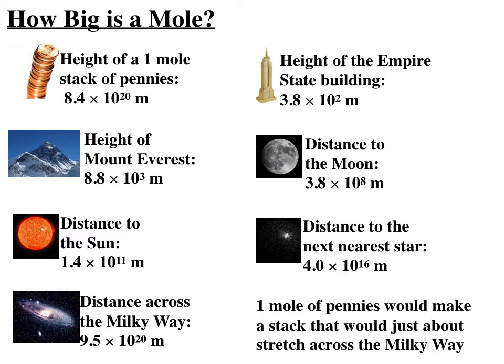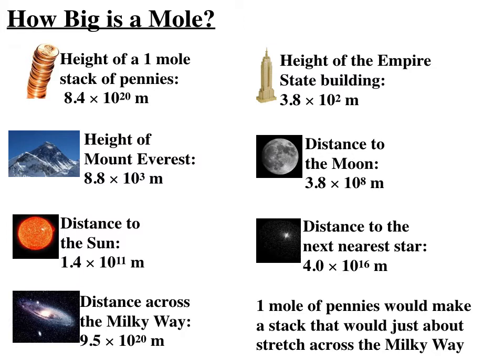The next nearest star is 10 to the 16th meters away. Nope, we're not quite there yet. The distance across the Milky Way, our galaxy that our planet and solar system are in, is 9.5 times 10 to the 20 meters across. So our mole stack of pennies would extend the distance across the galaxy.